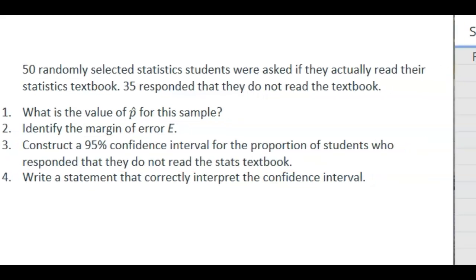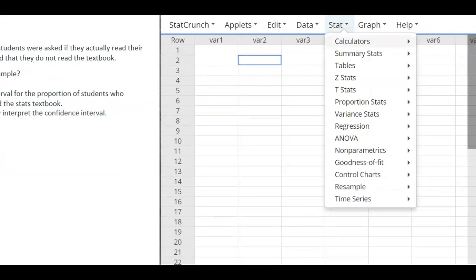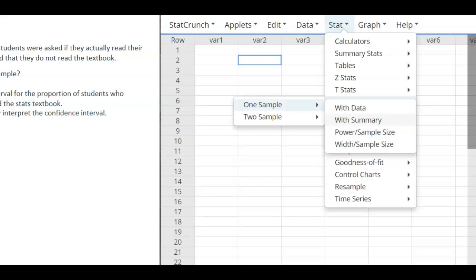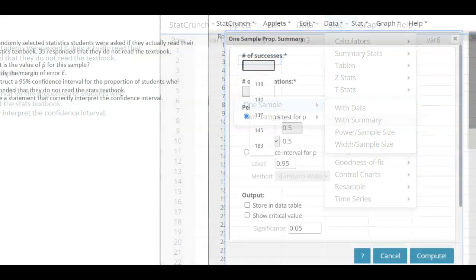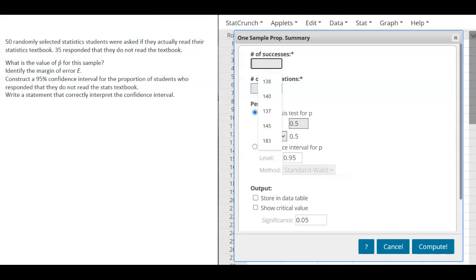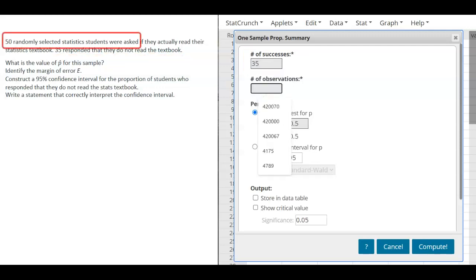We will use StatCrunch. Go to Stat, Proportion Stats, One sample with summary. Since we are looking for the interval for the proportion of students who responded that they do not read their stats textbook, the number of successes would be 35, because 35 students responded that they do not read their stats textbook. 50 randomly selected students were asked, so number of observations is 50.